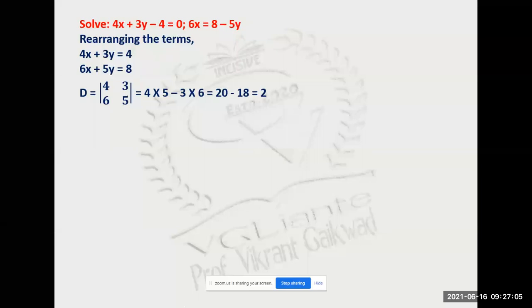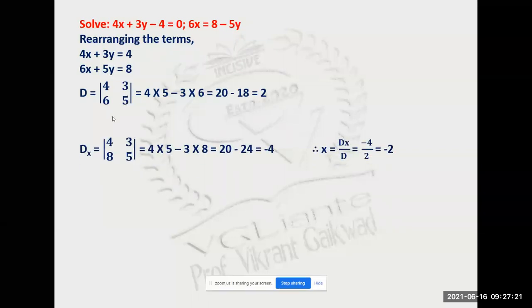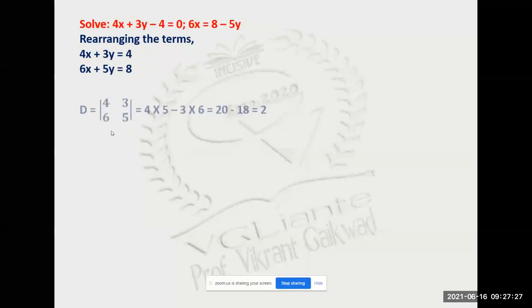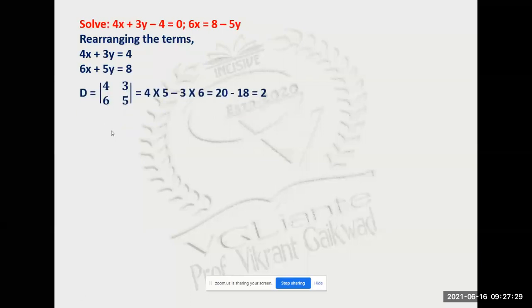Now when you write the determinant, the coefficients of y will be 3, 5. Multiply diagonally: 4 into 5 and 6 into 3.